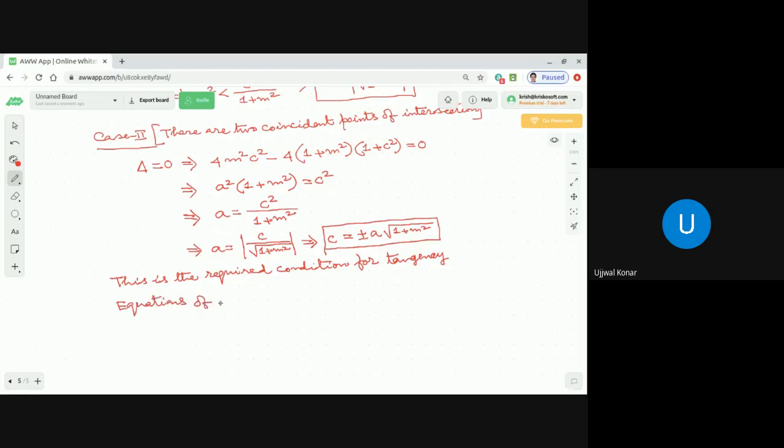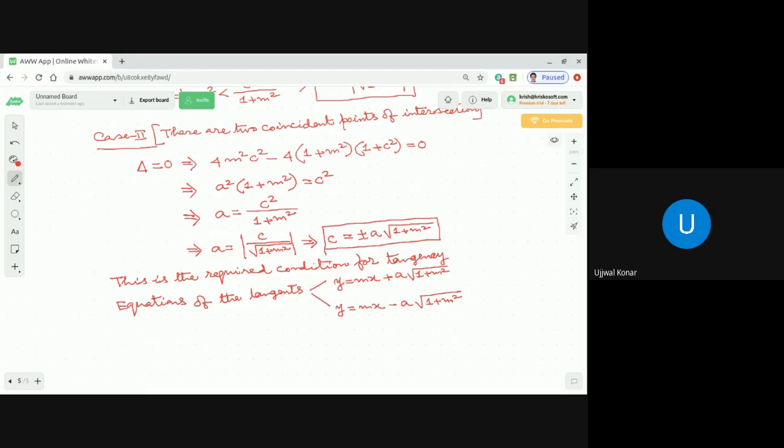There will be two equations. If we take the plus value of c, that is a into square root of (1 plus m square), we get y equal to mx plus a into square root of (1 plus m square). And if we take the minus value of c, we get y equal to mx minus a into square root of (1 plus m square).